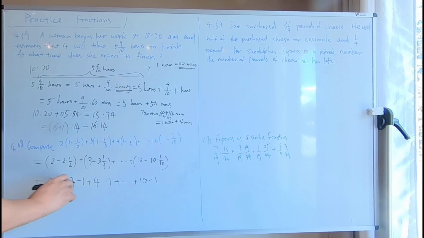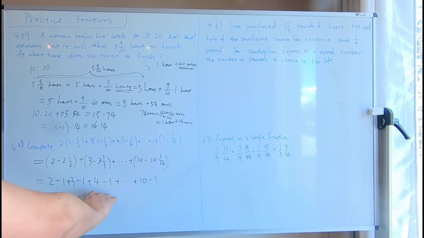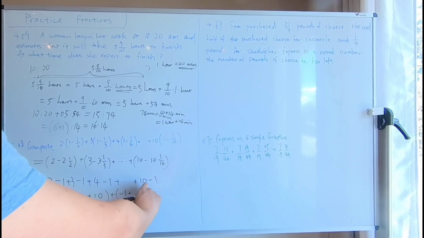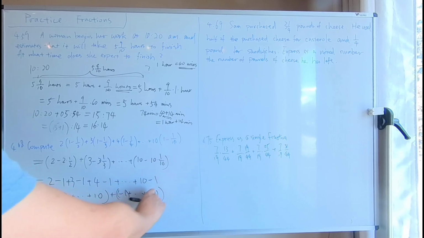So I always have a number 2, 3, 4, 5 until 10, and I always have a minus 1, minus 1, minus 1. How many terms do I have together? I have this, and I have minus 1 plus minus 1. Each minus 1 would have a bracket.